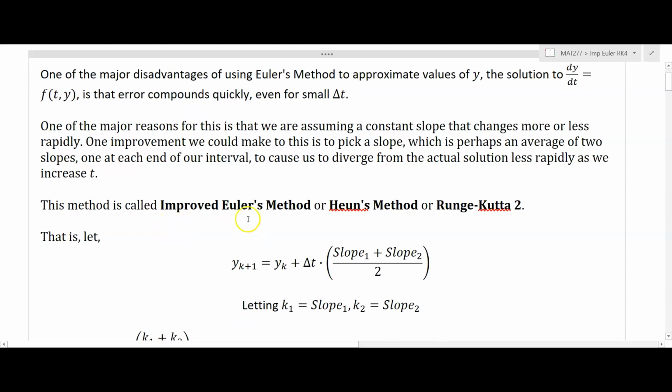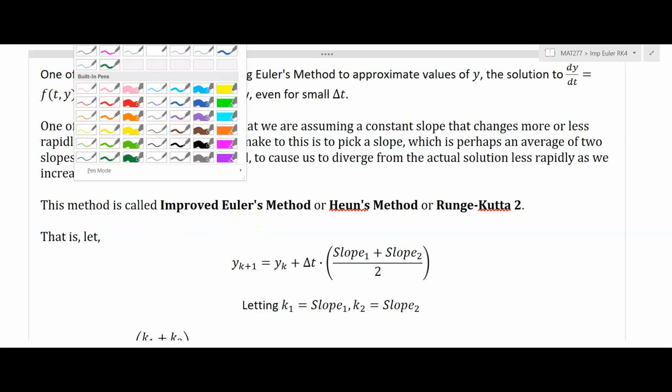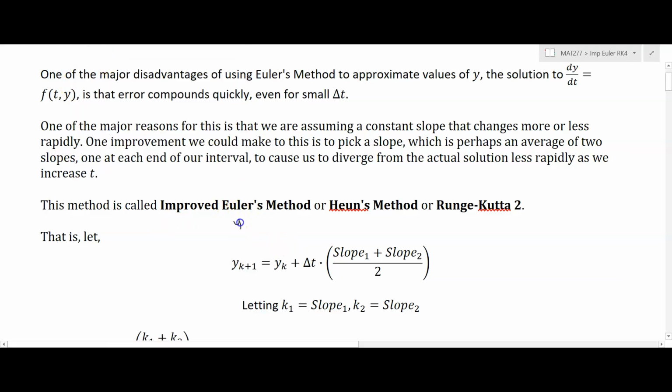Recall that the way we did it before is we said to get the next value of y, we're going to take the previous value of y and add to it our change in time multiplied by our current slope.